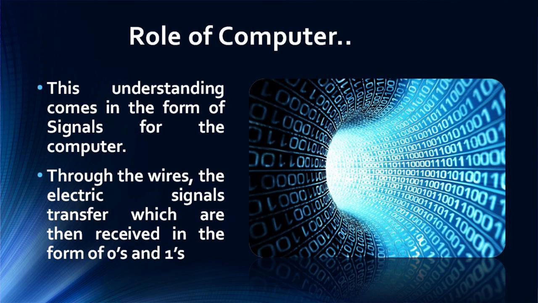Now, to know about the role of the computer, we need to know where exactly the data is going and how. This understanding comes in the form of signals for the computer. Through the wires, electric signals transfer, which are then received in the form of zeros and ones, which we have studied about.